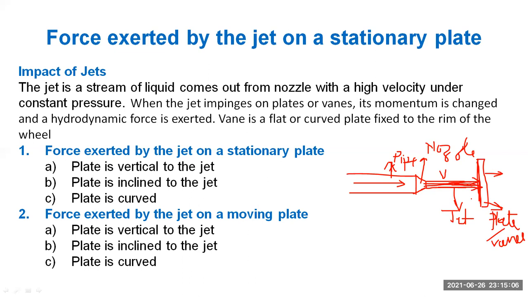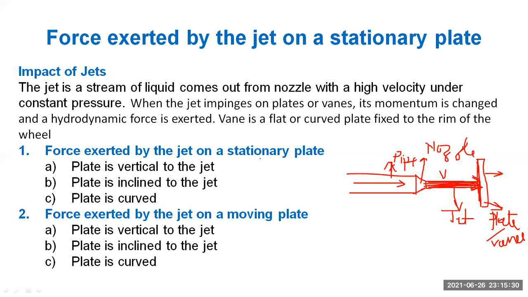The force with which the jet strikes the plate is called the impact of jet. So impact is nothing but the force of water, the force with which the jet of water strikes the plate, whether the plate is stationary or moving, when it is kept across the jet of water.